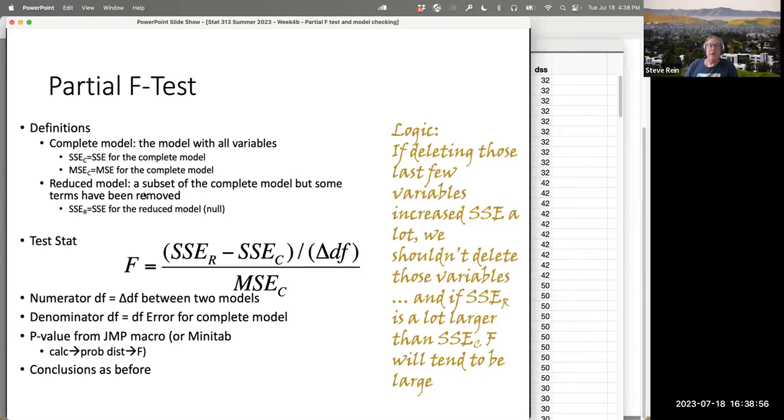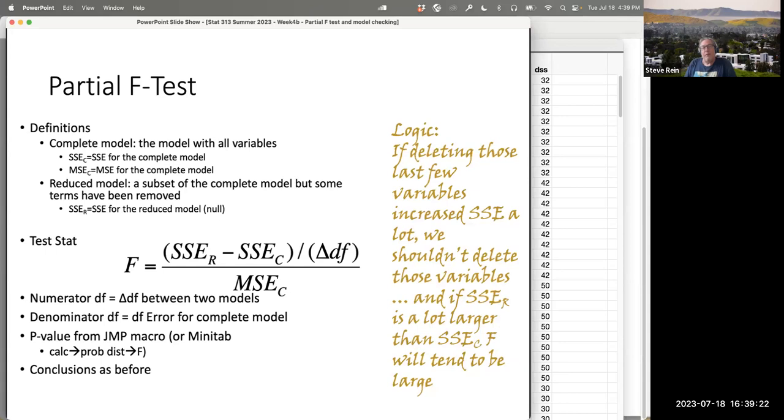We've removed a variable. Maybe it was one of the dummy variables, but this SSER is the sum of squared errors for the reduced model, the model that corresponds to the null hypothesis, in fact. The null hypothesis says, hey, the reduced model is sufficient. You don't need the other parameters, the other variables that you dropped.